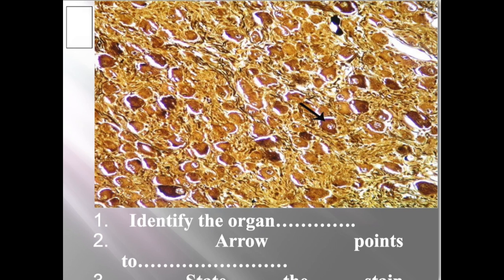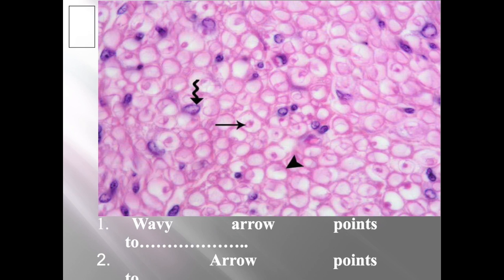After that, if you have a label for these fibers, this is the unmyelinated nerve fibers. What is the stain? The stain is silver. The wavy arrow points to the nucleus of the Schwann cell. The arrow points to the axon or axis cylinder.